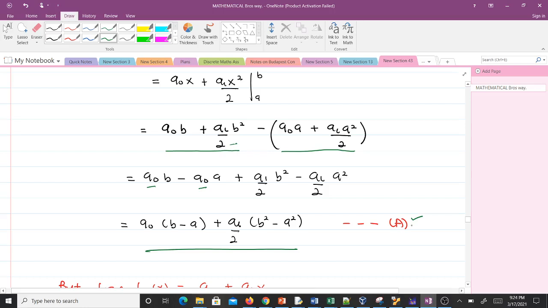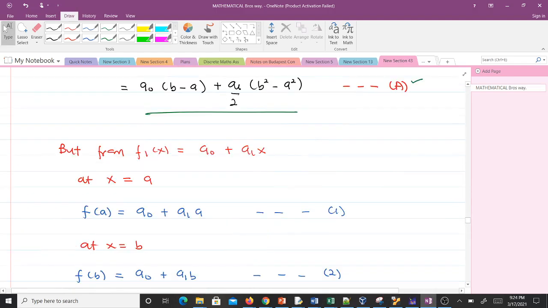So after getting this, the only thing that we need to find is our a0 and a1. So that means we have to create a system of equations and solve them simultaneously to get values for a0 and a1, so that we can make our substitution back into equation A. So from, we had p1 of x, right, equals a0 plus a1 x, right?